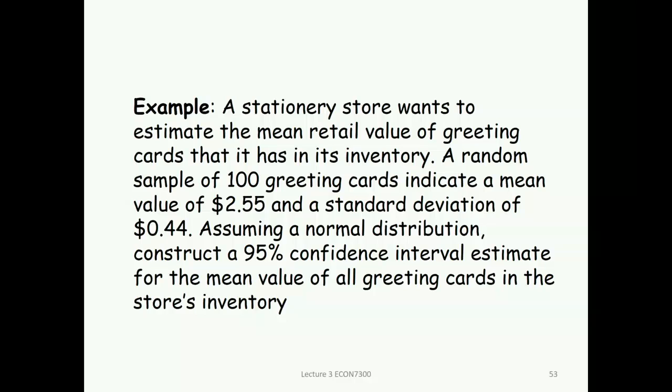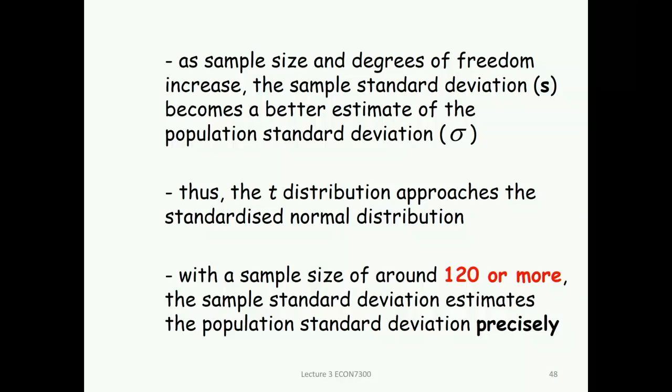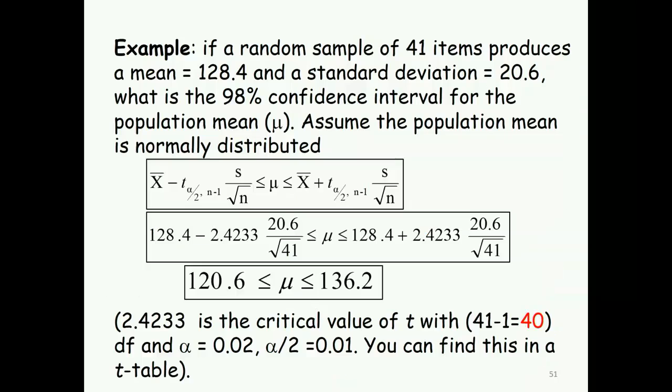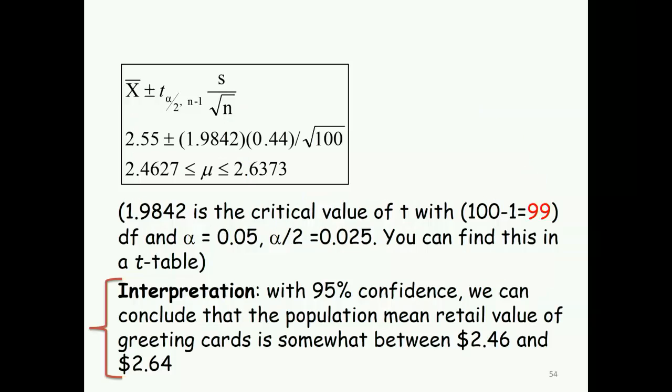Now, because 100 is close to 120, it would probably not be 1.96, but around that area. So for the 95% confidence interval, it is 1.98. If it were Z, 1.96.